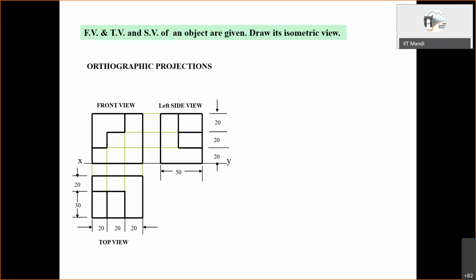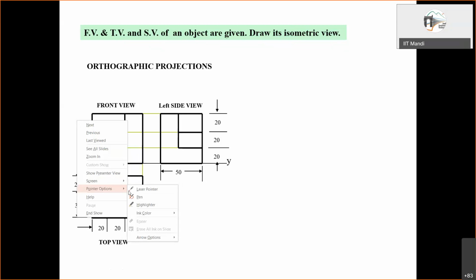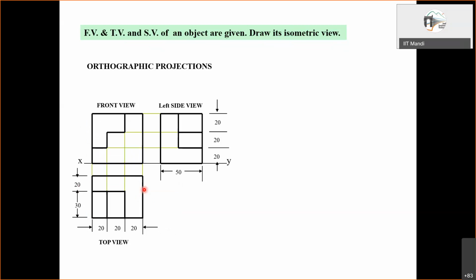So here again we have the three views: front view, top view, and a left side view. Now for this case, if we have to draw, first of all we have to think about what kind of shape it is. You can very well understand what we have. If we consider this surface, it corresponds to this line in the front view.